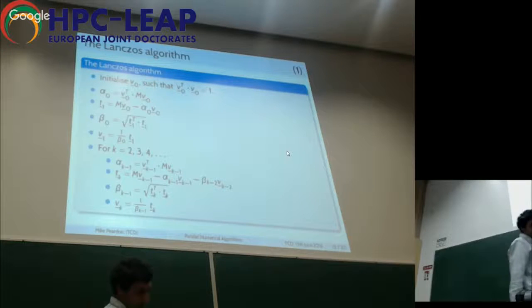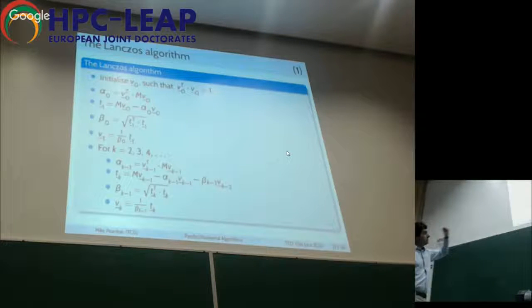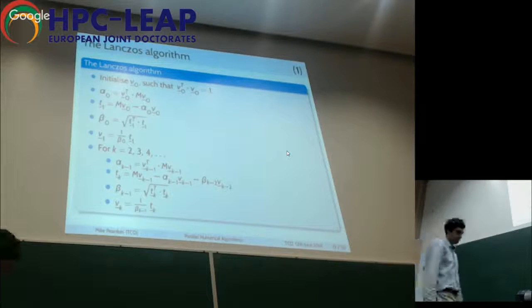And so what the Lanczos algorithm does for us is it takes an arbitrary symmetric matrix, and generates a similarity transformation that translates that arbitrary matrix into a tridiagonal form, plus a unitary transformation that maps between those 2 different systems.